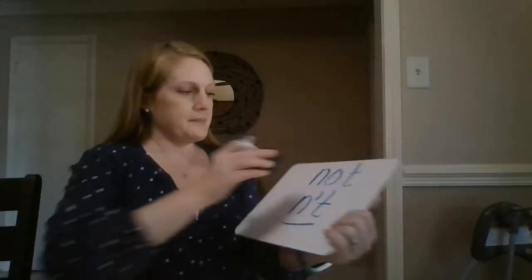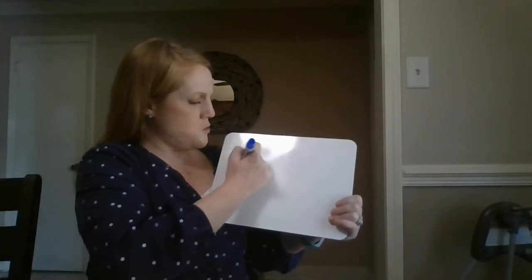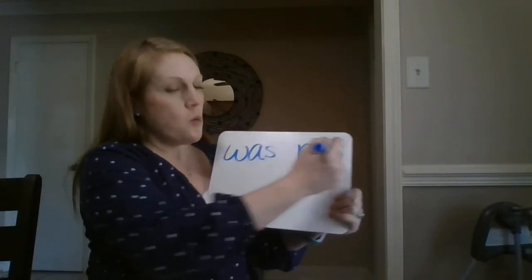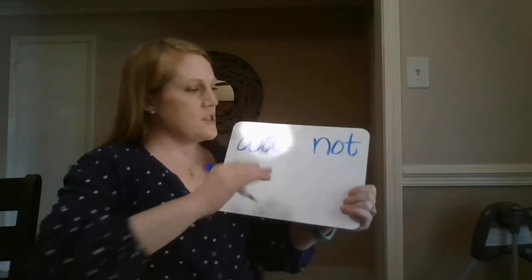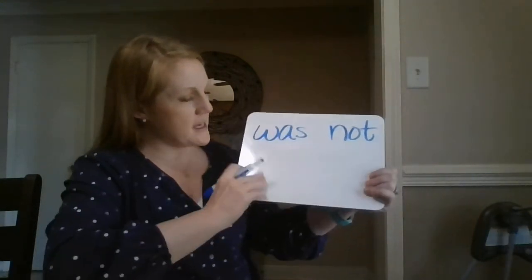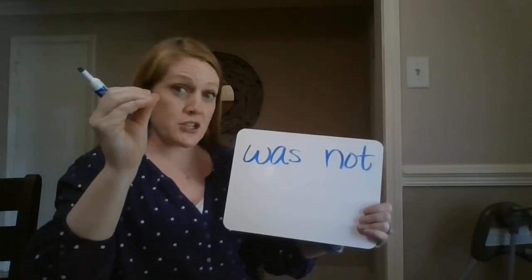So watch me. I'm going to start with the words was and not. Was not. So instead of writing out these two words and putting a space in between, I'm going to put them together to form one word, a contraction.